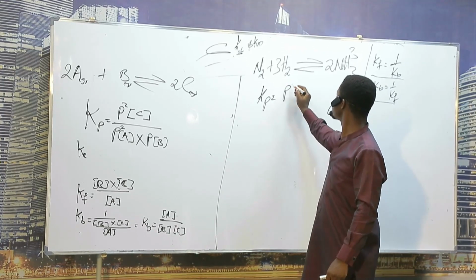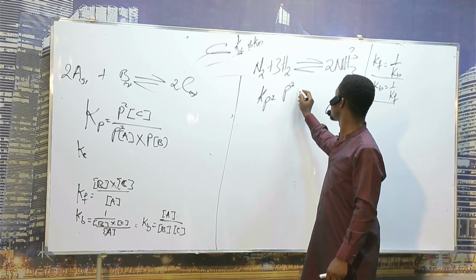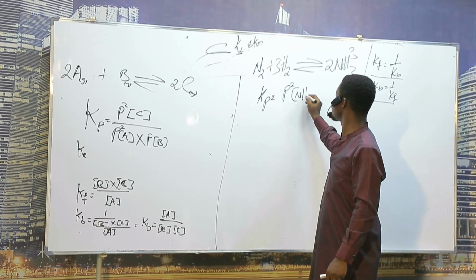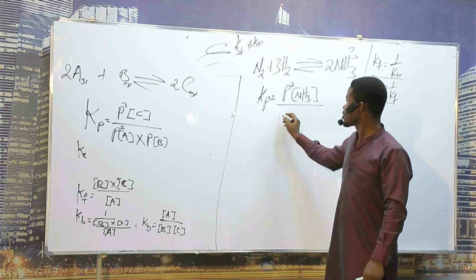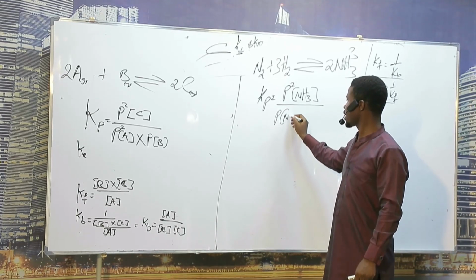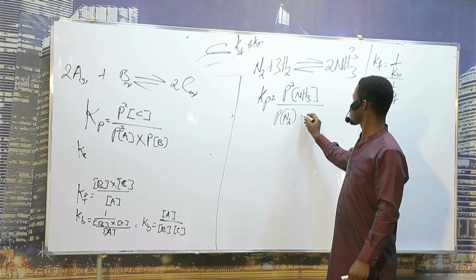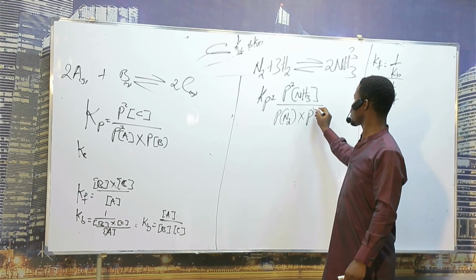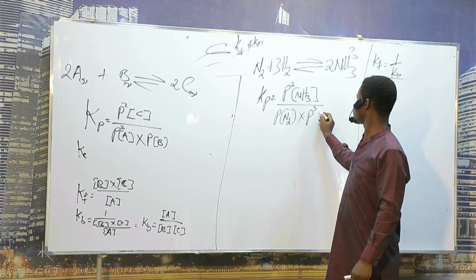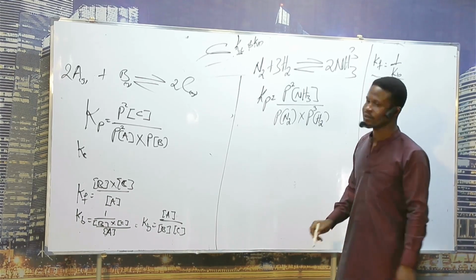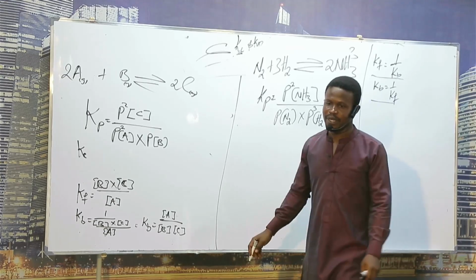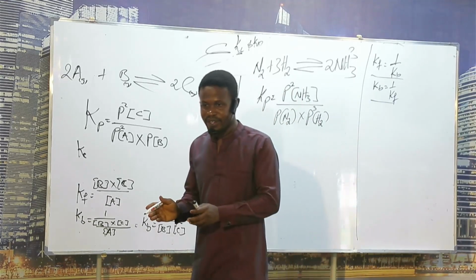I have P squared NH3 over P bracket N2 times P raised to power 3 bracket H2. Full stop. You see the difference between Kc and Kp?